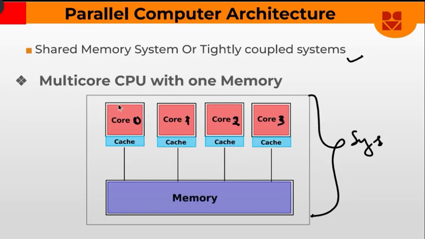Now we said that each core has its cache where it stores the data that it uses frequently, and then the whole CPU or the processor needs a memory in order to function properly or process any data for us.